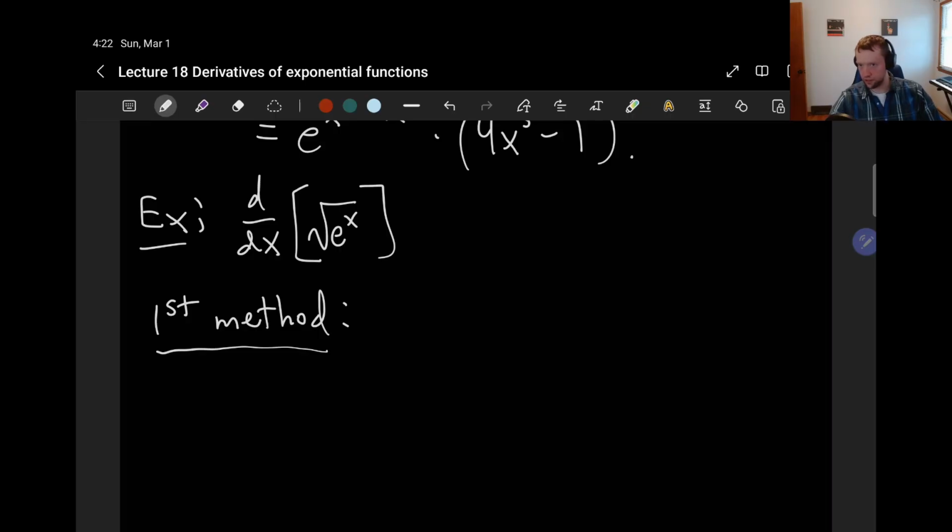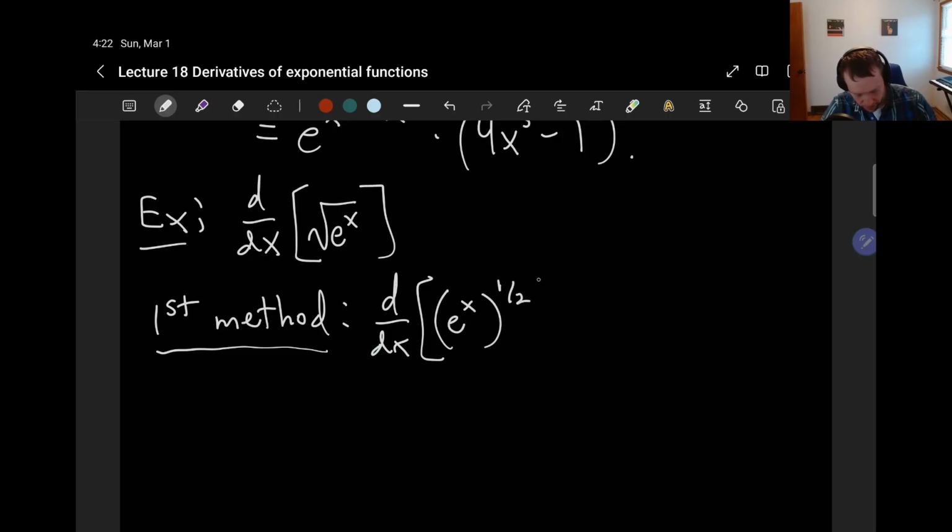First method will be to rewrite this expression. I think this is a little easier. Let's write it like this: parentheses, e to the x, taken to the 1/2 power, because that's the same thing as a square root, remember?